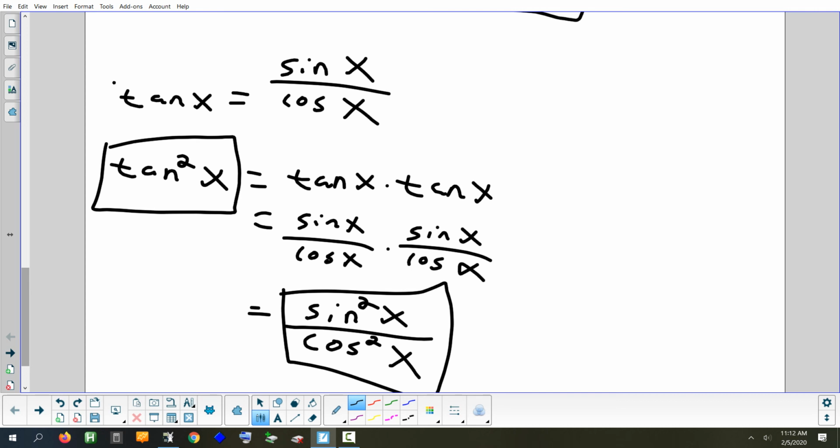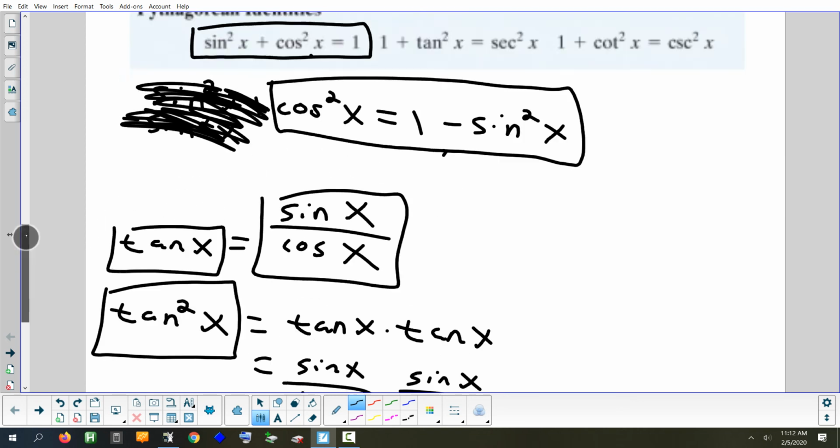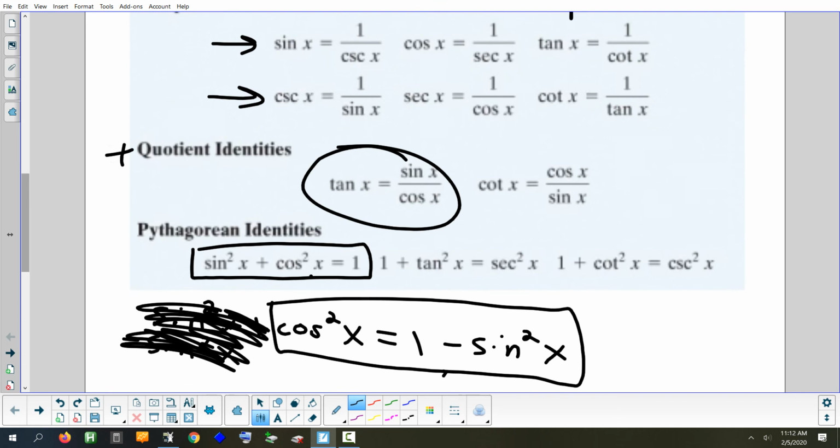Just follow this pattern. Tangent was sine over cosine. Tangent squared was sine squared over cosine squared. Tangent cubed is sine cubed over cosine cubed. So these formulas, you can use them with higher powers. If you had tangent to the 20th, you could have sine to the 20th over cosine to the 20th. We would never have one that high, but you could.